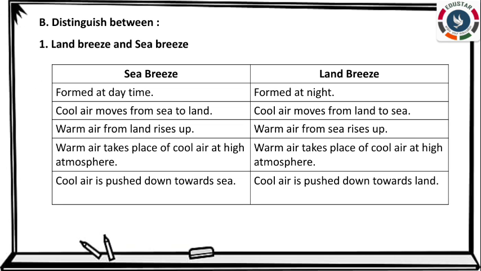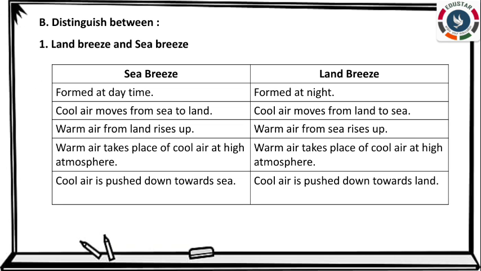First one, sea breeze is formed at daytime, land breeze is formed at night. Second point, cool air moves from sea to land. Cool air moves from land to sea. Warm air from land rises up.